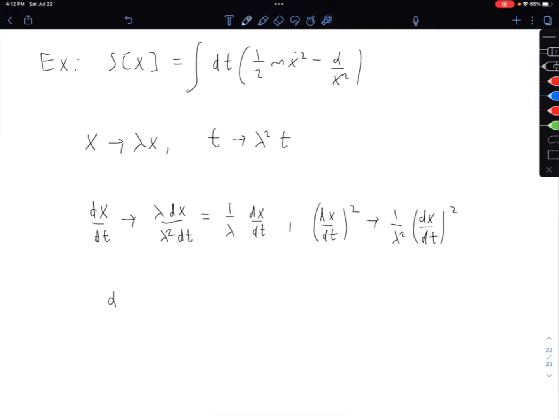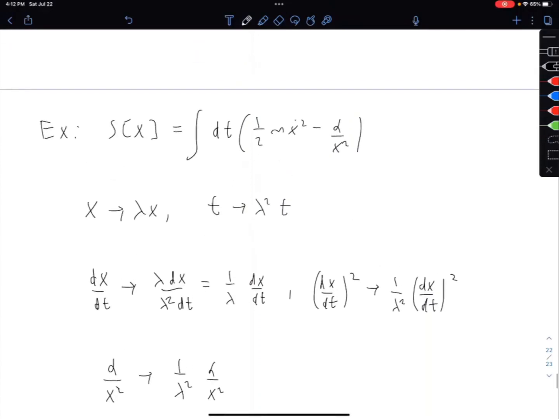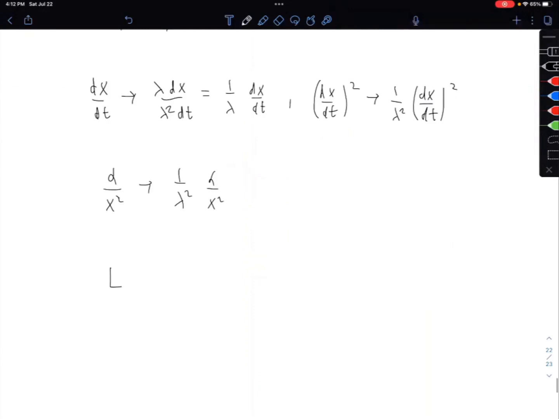And similarly, the alpha over x squared would become 1 over lambda squared times alpha over x squared. So both terms mean that the Lagrangian goes into 1 over lambda squared times the Lagrangian.